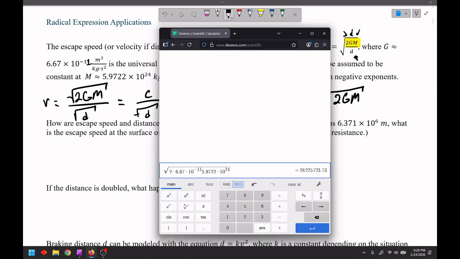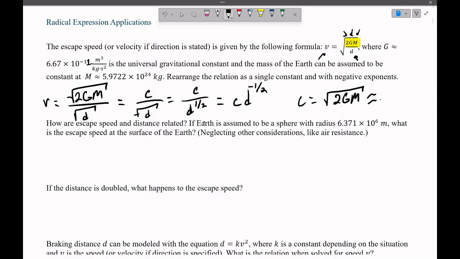Okay, that's about 28 million, or 2.82 times 10 to the 7. With certain units there: if you multiply them together, the kilograms would cancel, so you just have meters cubed over second squared.